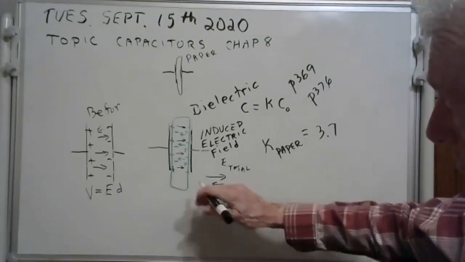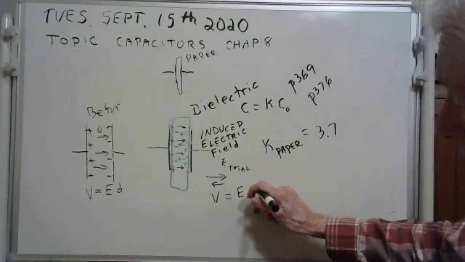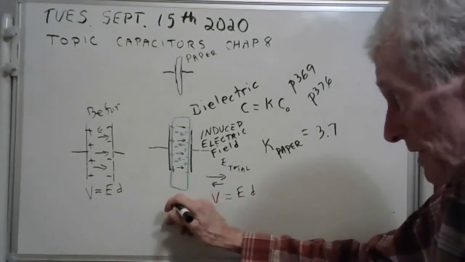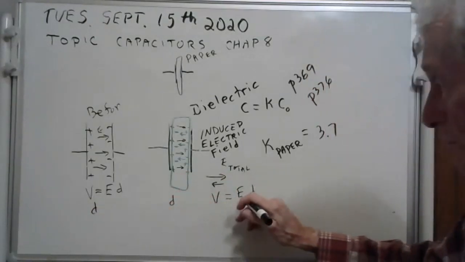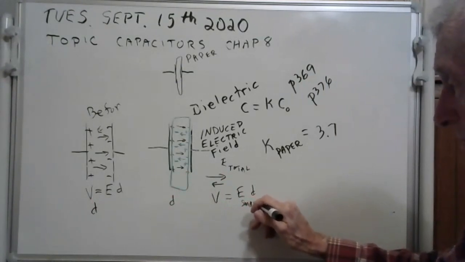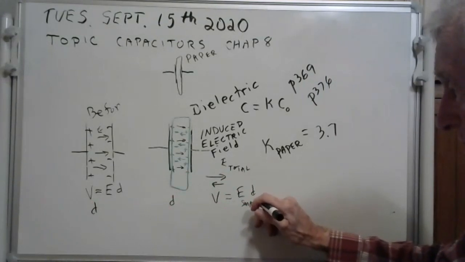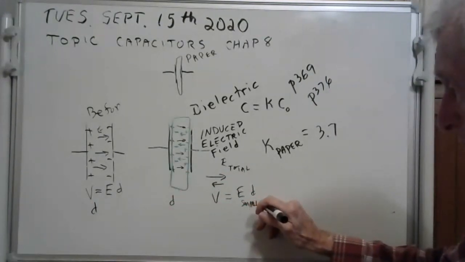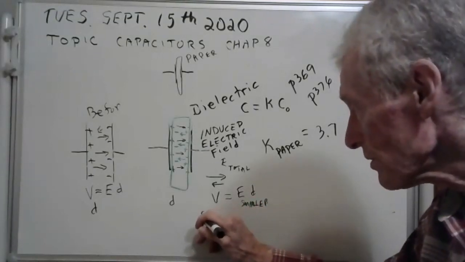And since this new voltage is equal to ED, the D hasn't changed any. The D is just the distance between the plates. But if this electric field is smaller, that makes the voltage smaller.